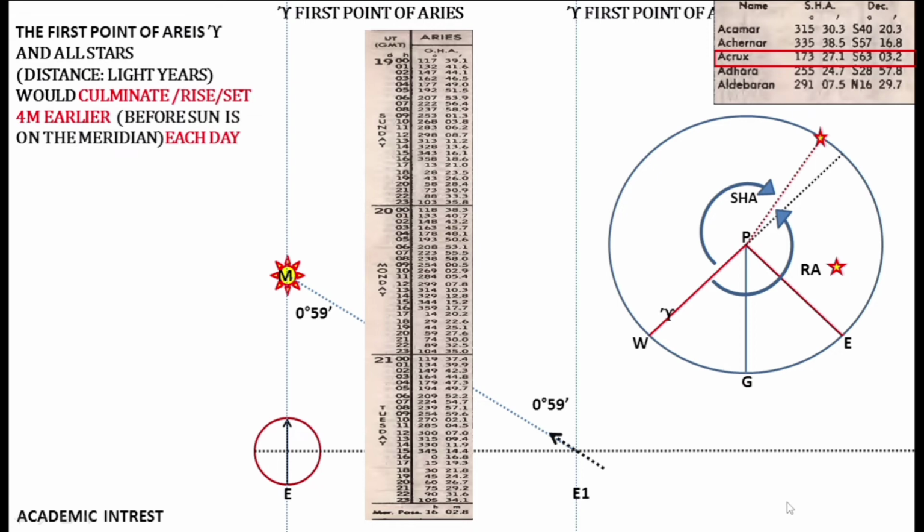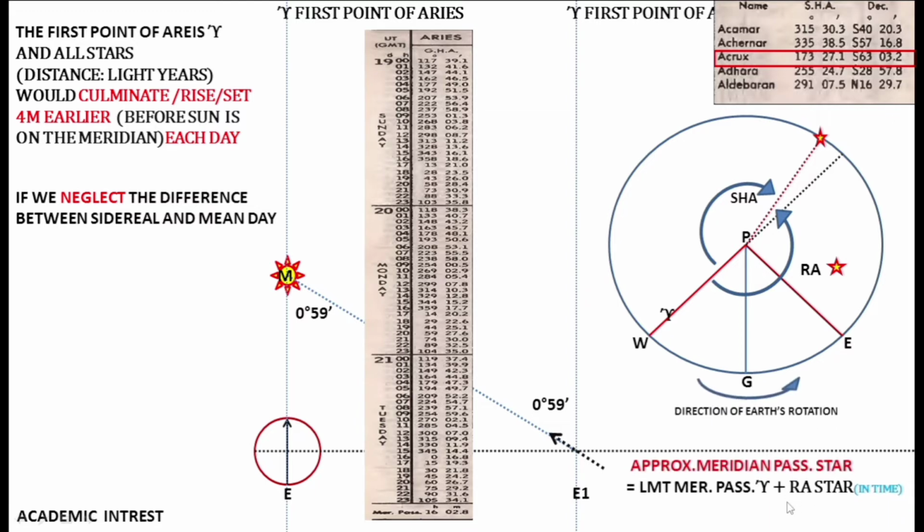Now, we said that Aries comes onto my meridian 4 minutes earlier each day. But if we neglect that 4 minutes, and do not figure out the difference between the sidereal time and mean time, the star would come on my meridian after the Earth has moved this angular distance of RA.